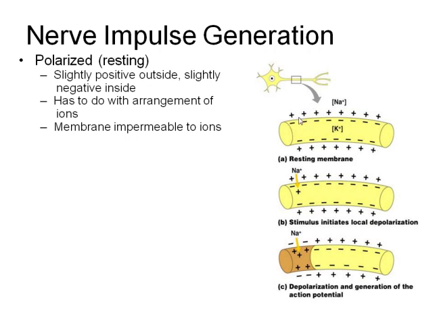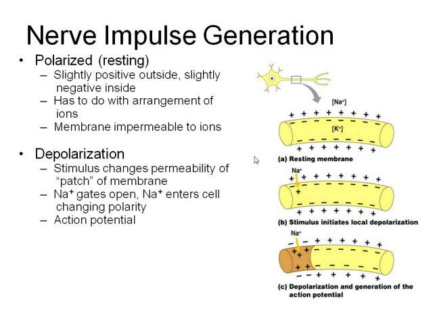And normally the ion channels are closed so that we don't have free flow of ions back and forth across the cell membrane. In order for an action potential to develop, we need to depolarize the membrane. And what happens is a stimulus opens one of those sodium gates. Now, it only opens one of them, right there where the stimulus is.